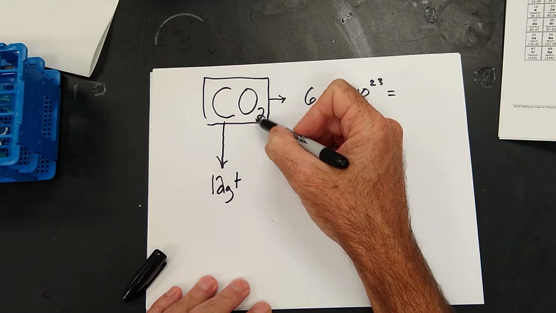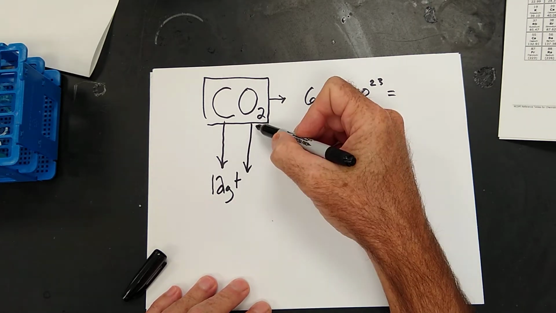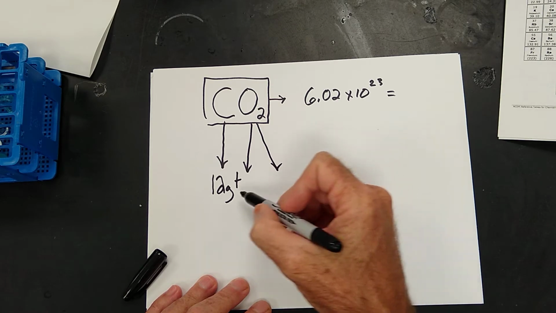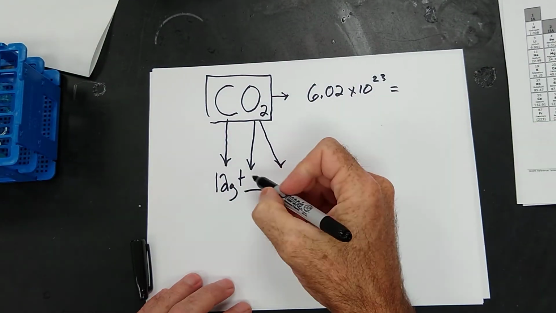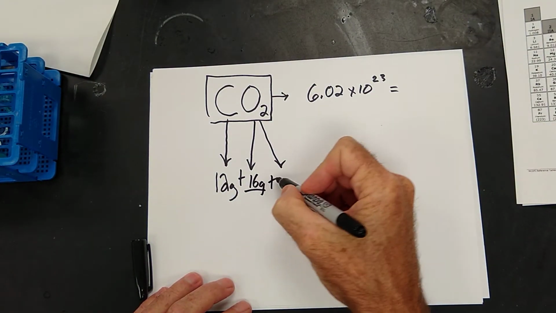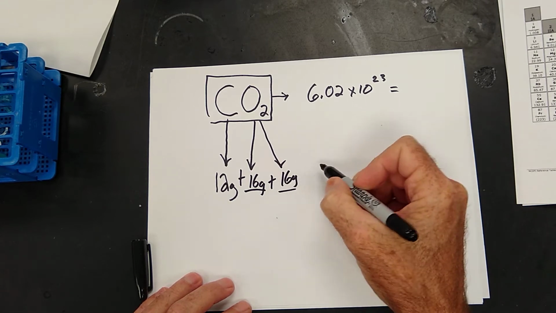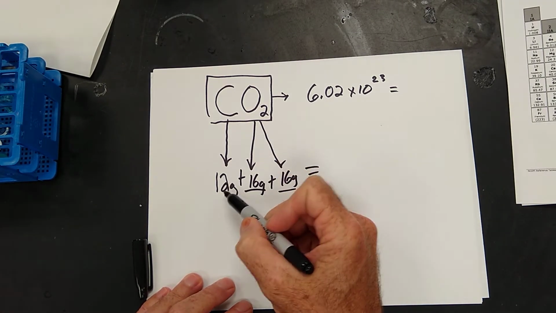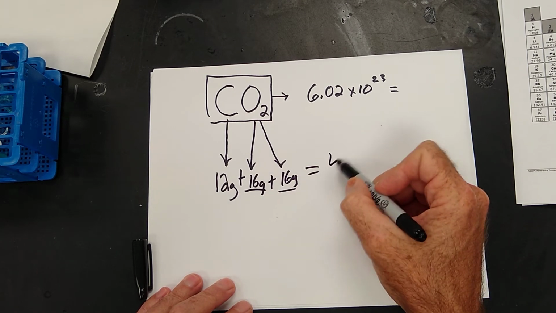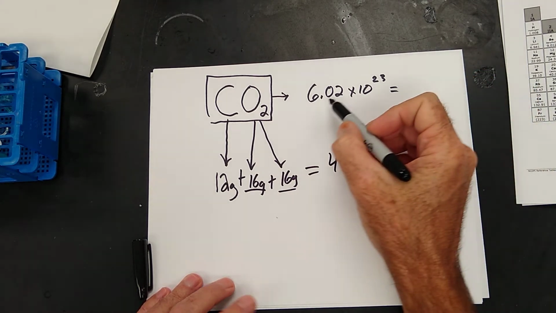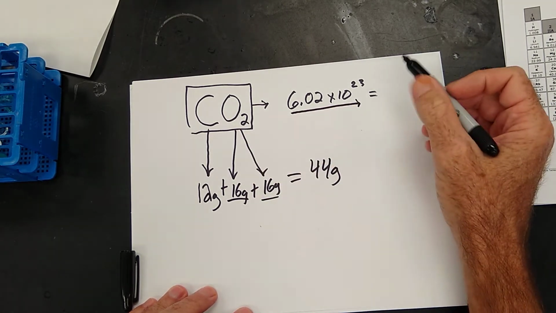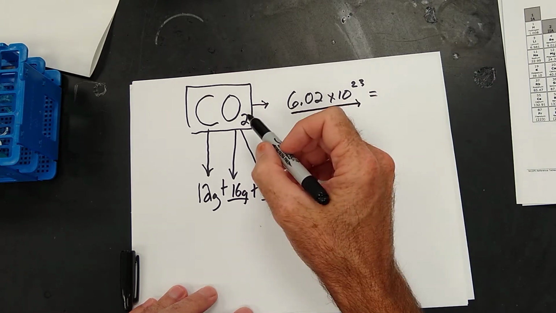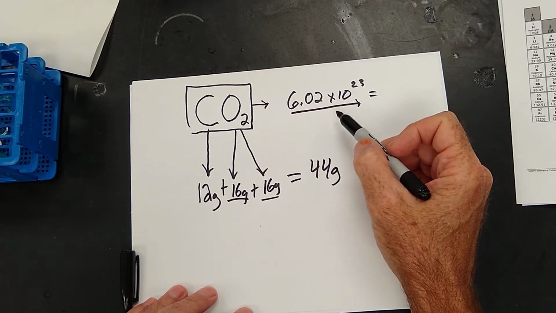And notice there's 2 oxygen atoms, right? It's CO2. Each oxygen, we look up its number, is 16. So we have 16 grams and another 16 grams. So 12 plus 16 plus 16 is 44 grams. If you had 6.02 times 10 to the 23rd molecules of carbon dioxide, you would have what's called 1 mole of carbon dioxide.